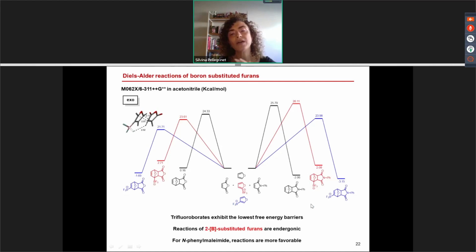So we did some theoretical calculations to explain these results and found that trifluoroborates exhibited the lowest free energy barriers, and also that the reactions for the 2 boron-substituted furans were endergonic, and the reactions with phenylmaleimide were more favorable than those for maleic anhydride.